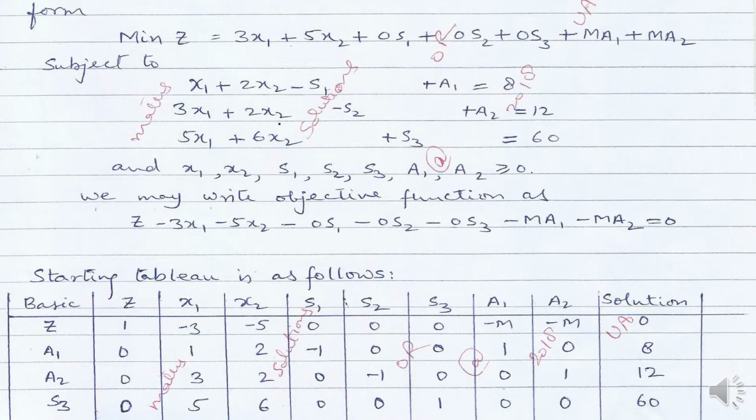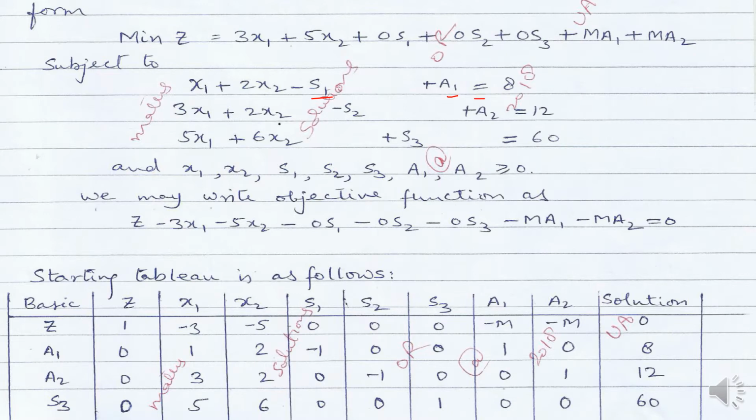Our first constraint is greater than or equal to, so the left-hand side has a surplus, and because we want to apply the simplex method, we have to add an artificial variable also when the constraint is greater than or equal to. So x1 + 2x2 - s1, where s1 is the surplus variable and a1 is the artificial variable, equals 8.